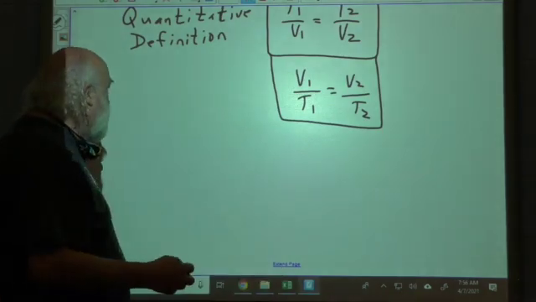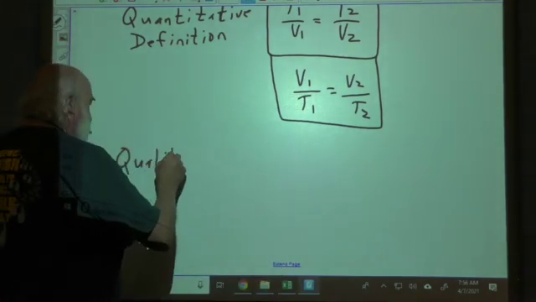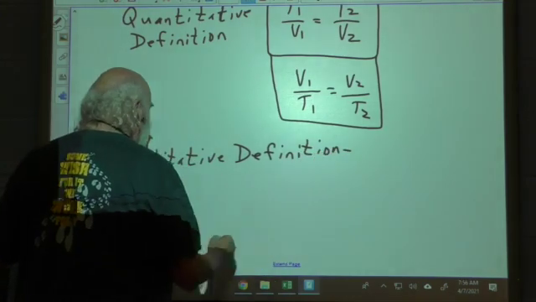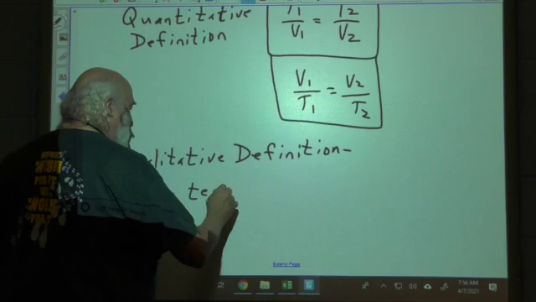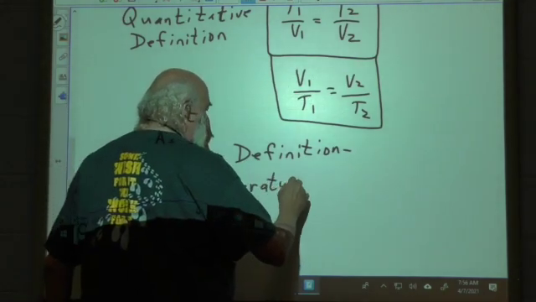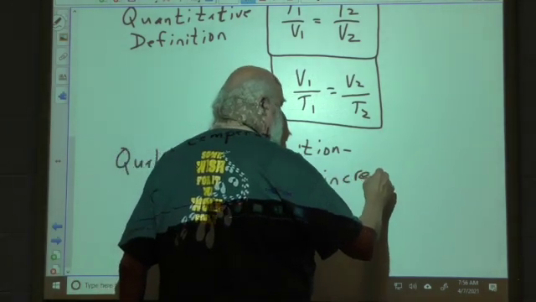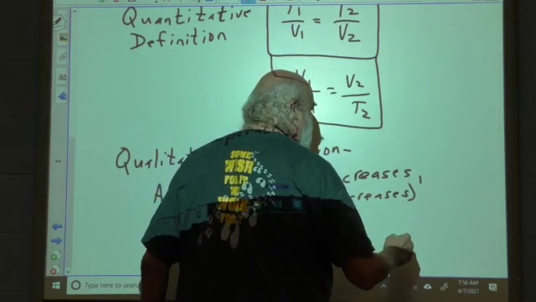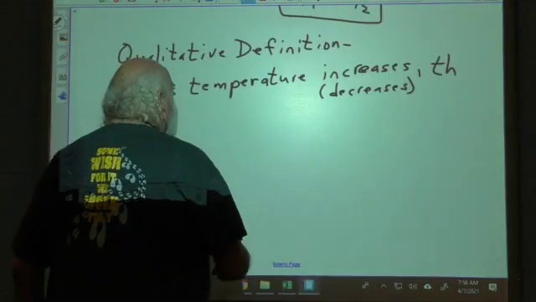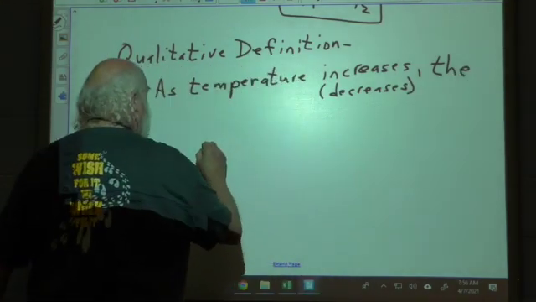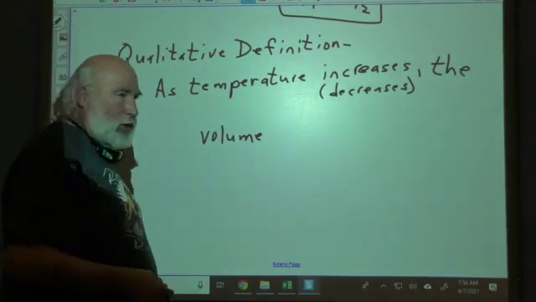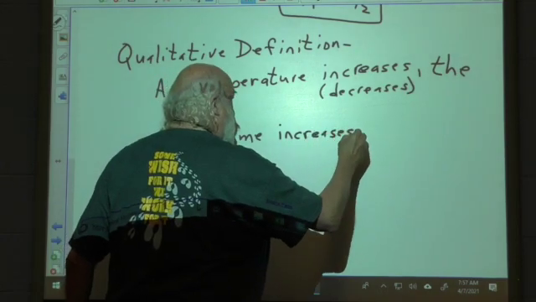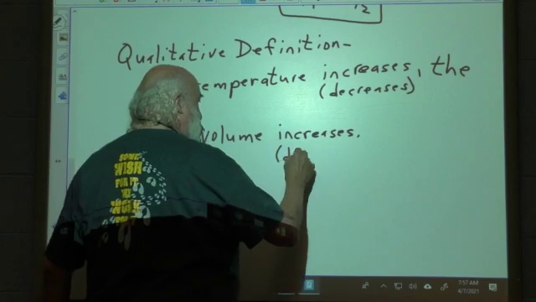The qualitative one, the verbal definition, is simply that as temperature increases or decreases, depending upon which direction we want to go with here, the volume, since this is a direct relationship, if we're going to increase the temperature, the volume increases, or as the temperature decreases, the volume decreases.